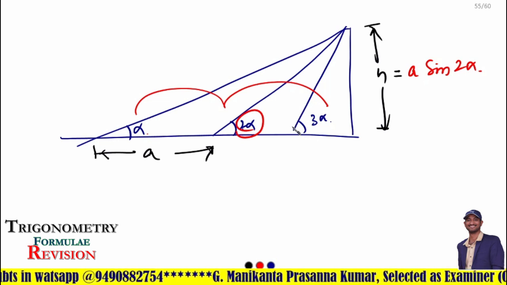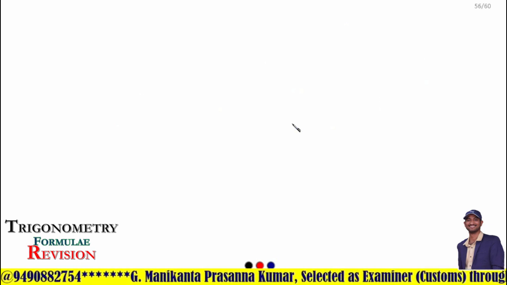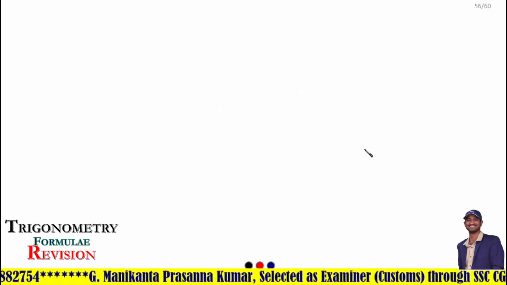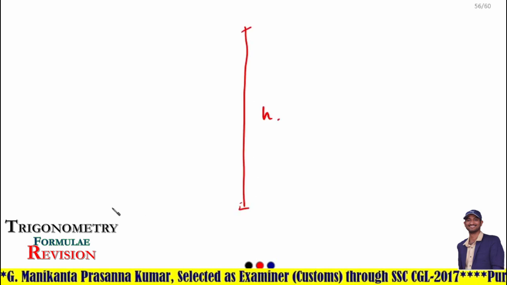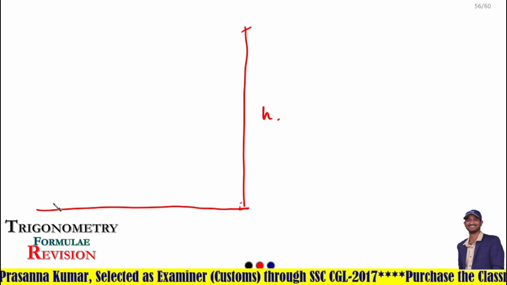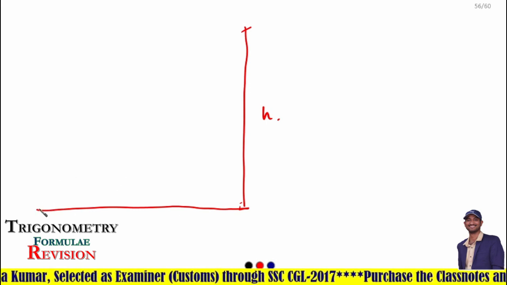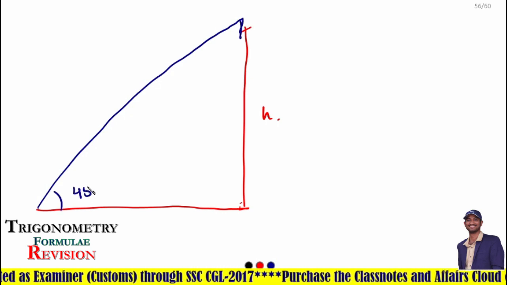Okay. Next, last type, that is also important, like mountains type. What are this mountain type? There is a mountain of a height h. Okay. Initially, from the bottom of the mountain, a person moves slantly. Initially, the elevation from the ground or from the bottom is some 45 degrees.